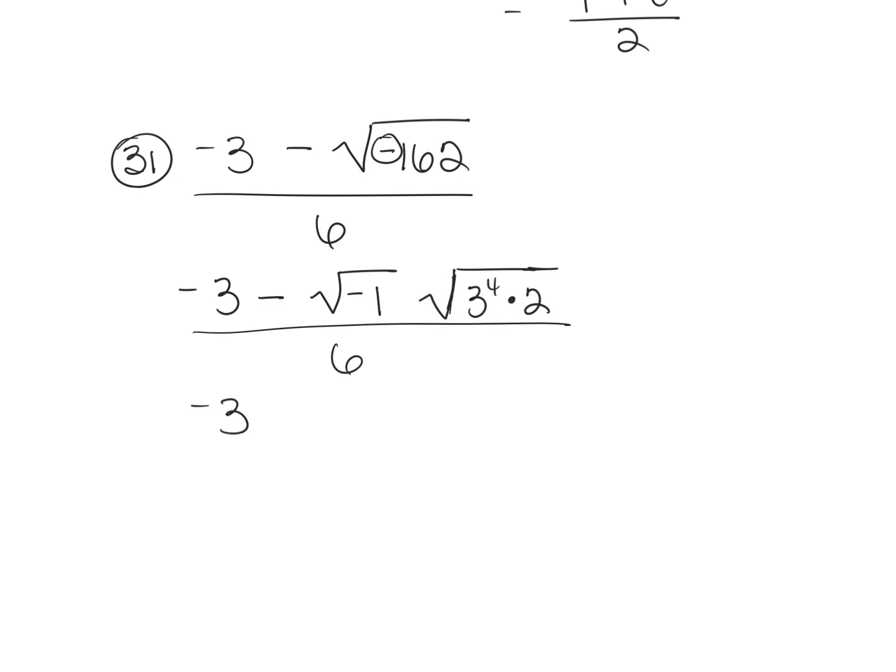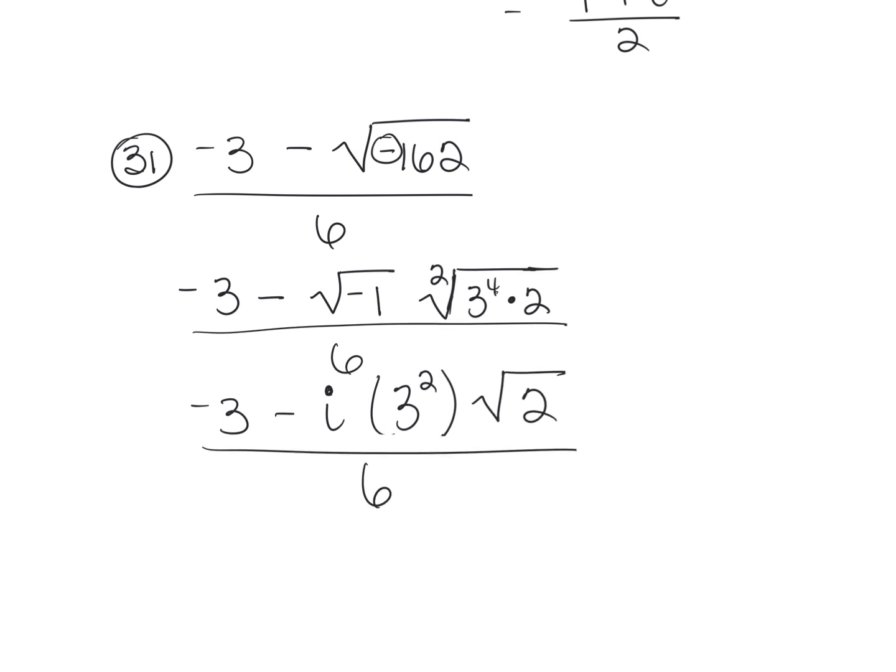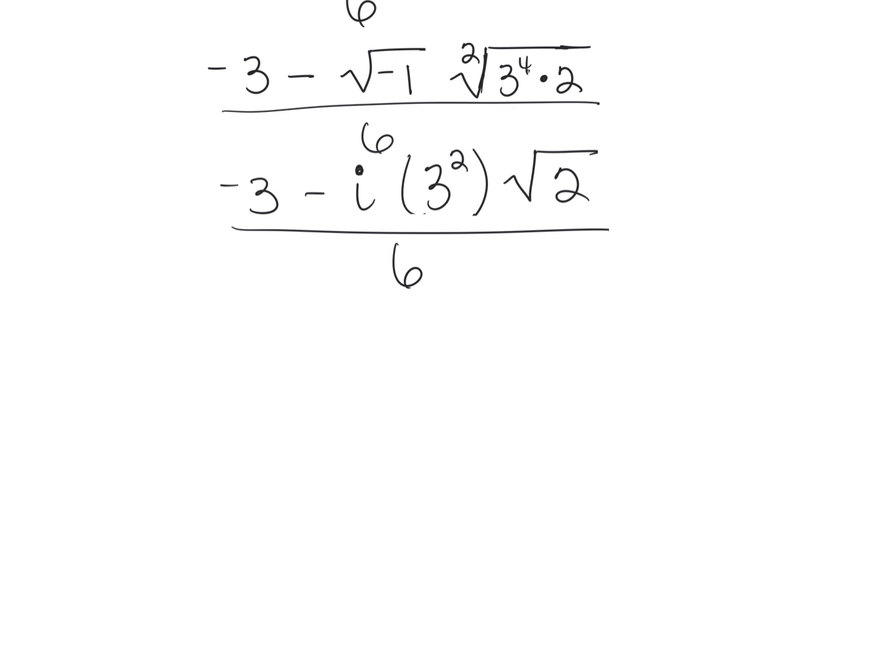So I have negative 3 minus square root of negative 1 is i. And then I have this imaginary 2. That imaginary 2 is going to go into that exponent 4 twice with no remainders. And then I still have the square root of 2. So I'm still dividing by 6, and we're still simplifying. So I have negative 3 minus 9i times the square root of 2.